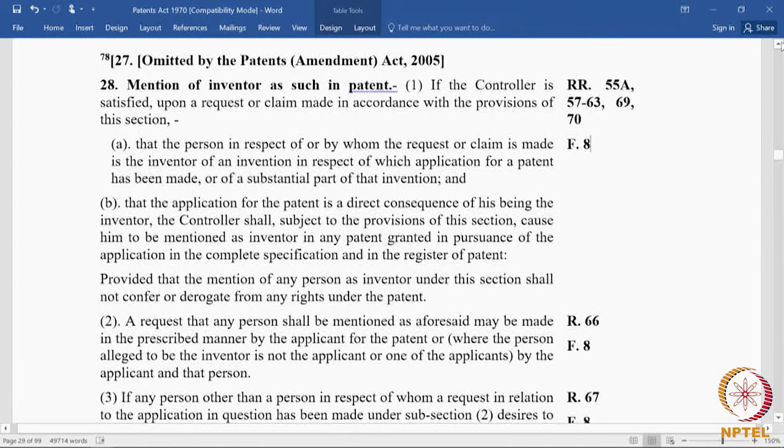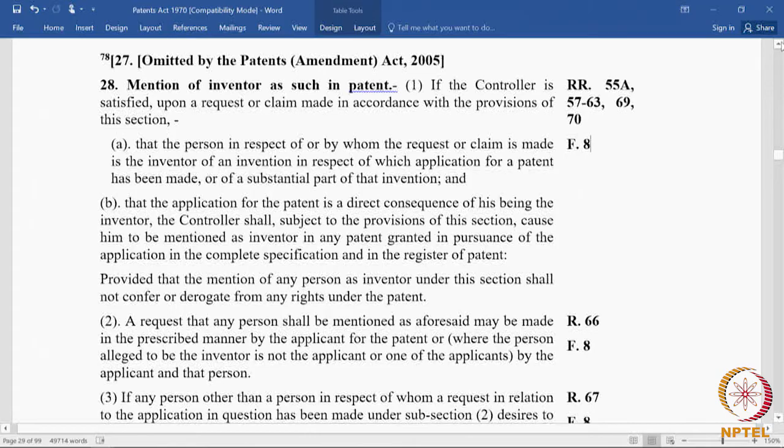There are cases where the inventor assigns his invention to the applicant, and the applicant can file the application and pursue the application. The inventor necessarily has to have a connection with the creation of the invention. That is the requirement under law, that an inventor should have some connection to the creation of the invention.